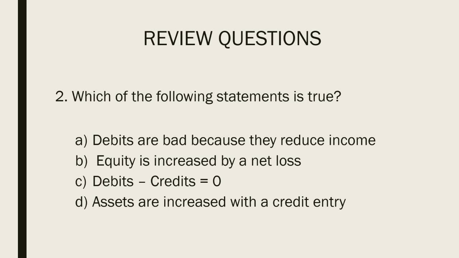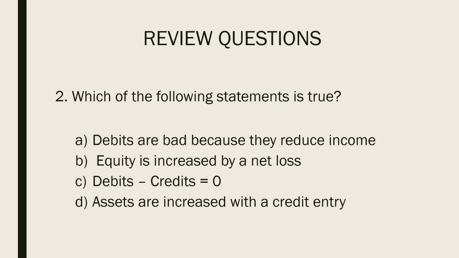But we're just going to go over the answers for fun, okay? The first one, debits are not bad, right? They're not good or bad, but they do reduce income. This one's a confusing question because it does reduce income, but they're not bad. Equity is increased by a net loss.